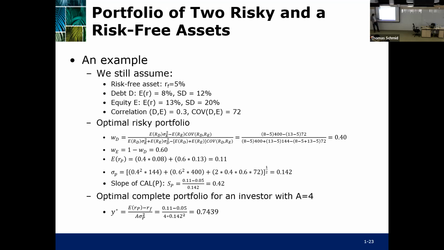So Y star is 75%. Which means that this investor optimally invests 75% of her wealth in the risky portfolio P, which consists of 40% the debt fund and 60% the equity fund.